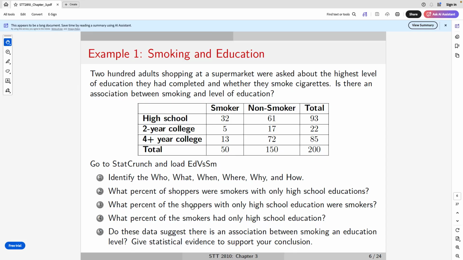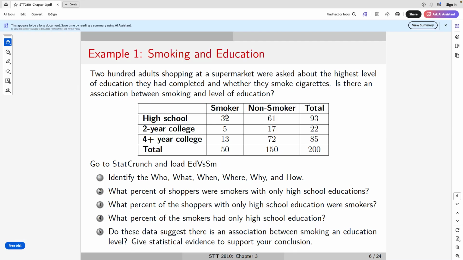Now let's get to the third one. What percent of shoppers with only high school education were smokers? So how many of the shoppers have only high school education? 93. Is that okay? And how many of them were smokers? 32.